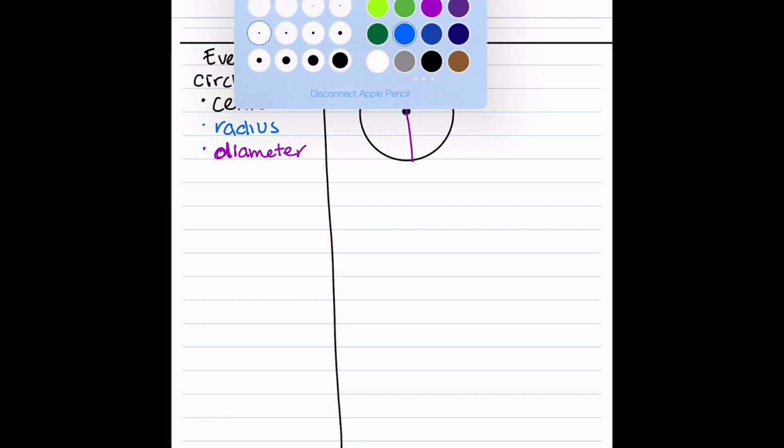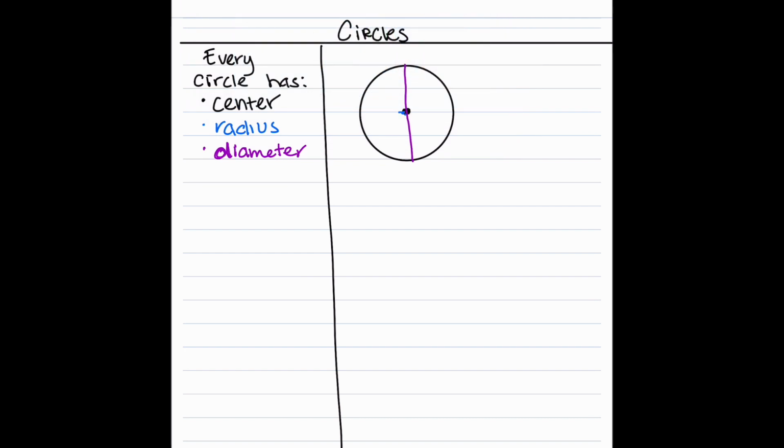So notice if a radius is from the center to the outside, if we put two radii together, we get the entire diameter. Okay, let me relabel this real quick. So I'm going to do the radius, labeling this as R, from the center to the outside. The diameter is all the way across. I'm going to label that D.